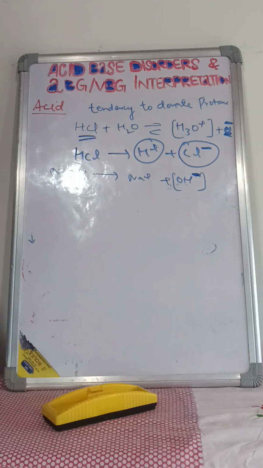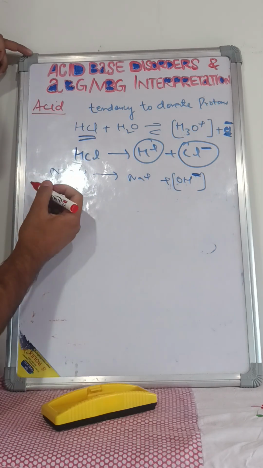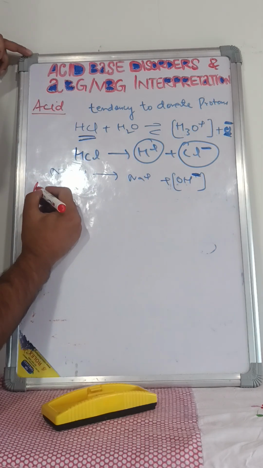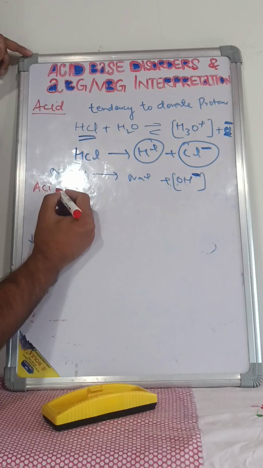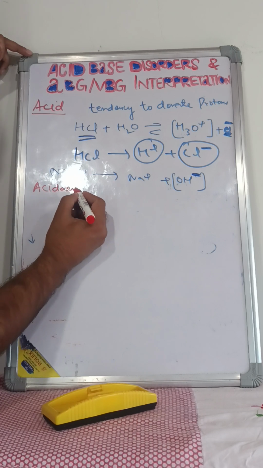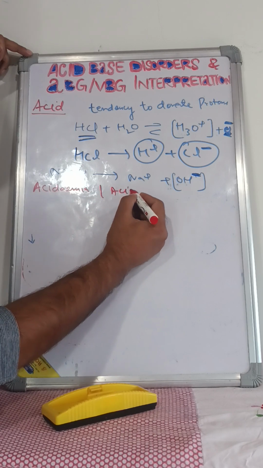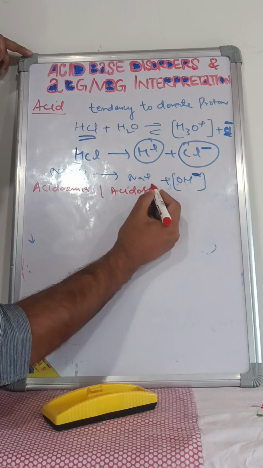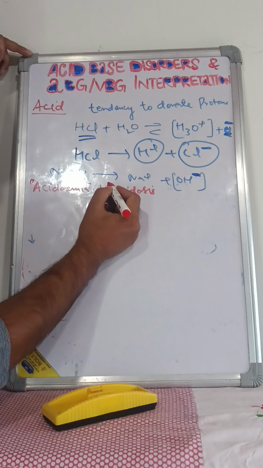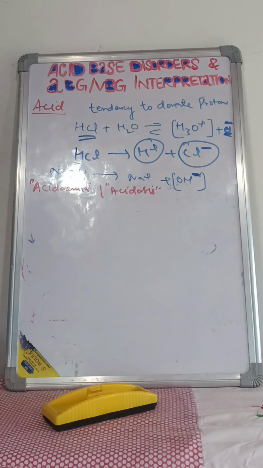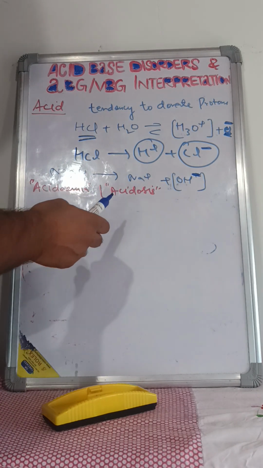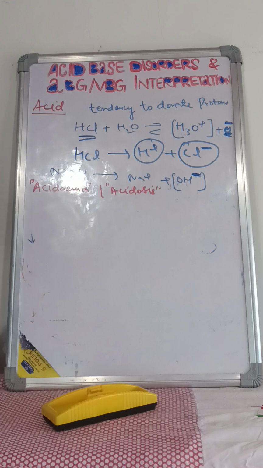So another concept is, what is acidemia and what is acidosis? Very important concept. These are two terms, and some people use these terms as synonyms of each other, but they are not synonyms.